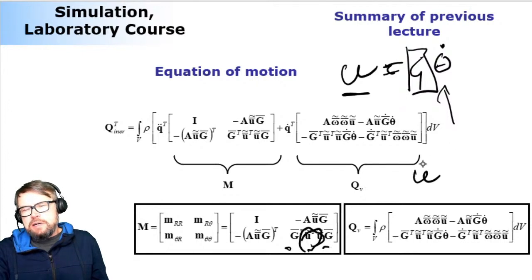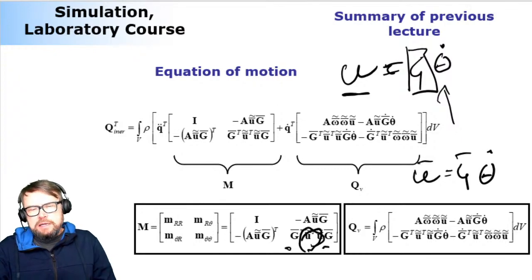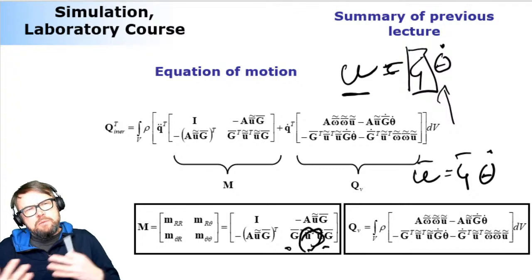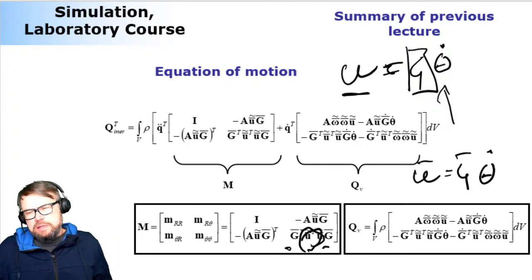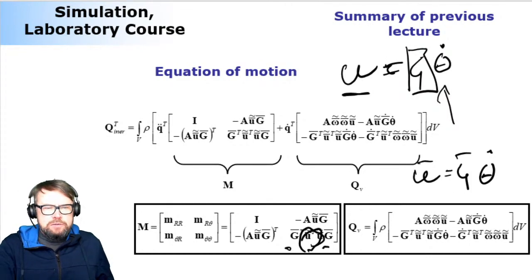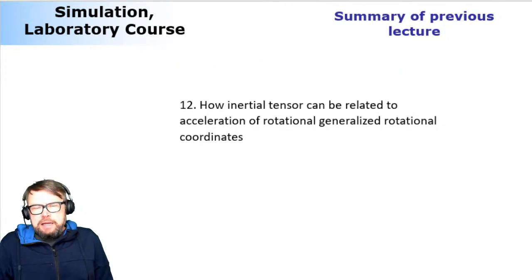G has a variation, and the variation is such that if the angular velocity is expressed using local coordinate axes, then you can use G bar. So if you're wondering what the difference is between G and G bar, it's just how you do the mapping: is it with respect to global coordinates or with respect to local coordinates? And this is a possible question in this regard.